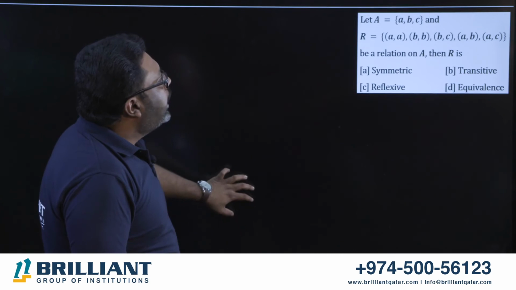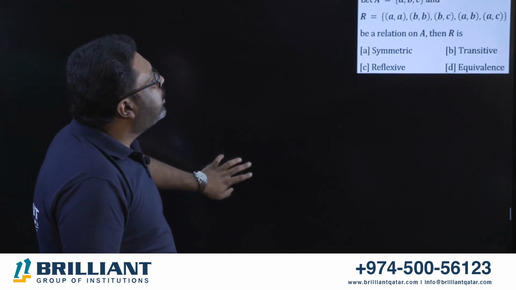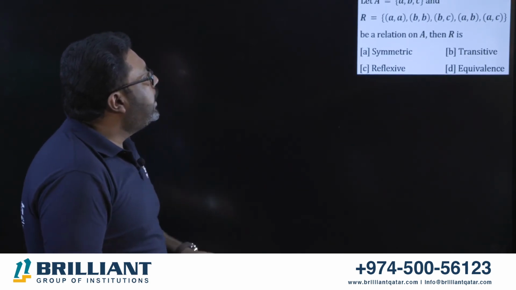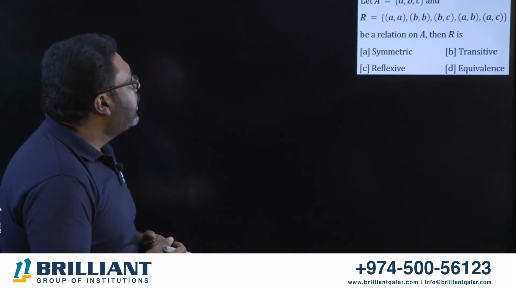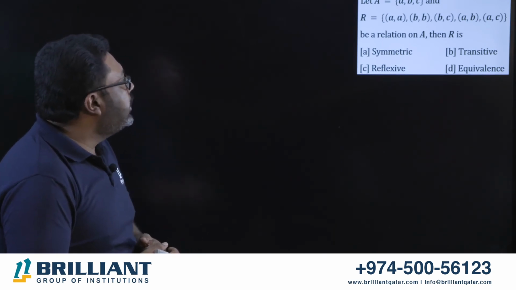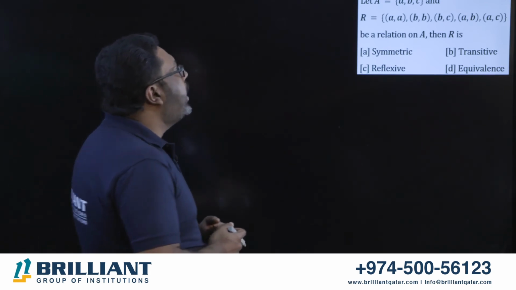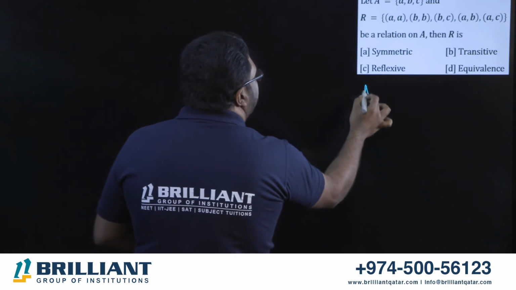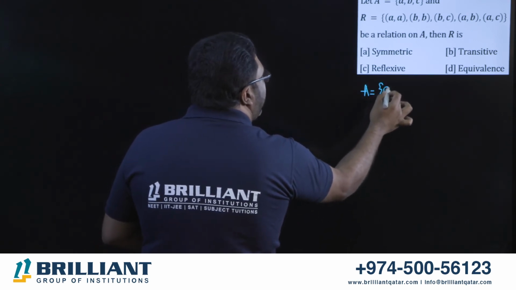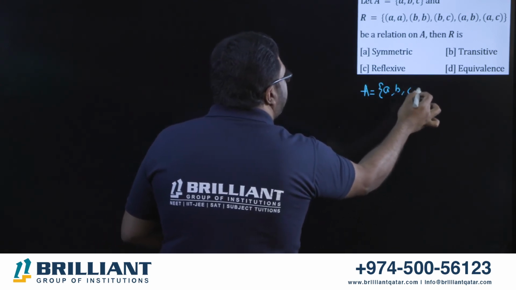A is equal to {a, b, c} and R is equal to {(a,a), (b,b), (b,c), (a,b) and (a,c)}. Is this relation symmetric? Is it transitive? Is it reflexive? Is it equivalence? Now all of you, my set is A is equal to {a, b, c}. Is it reflexive?